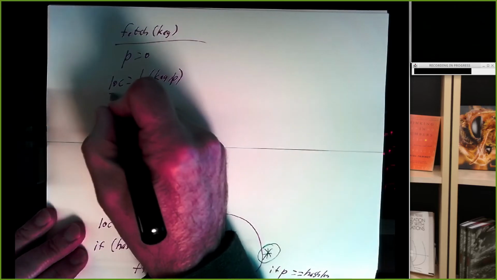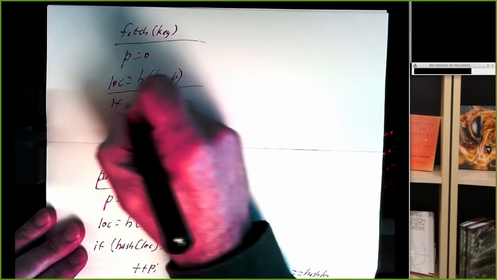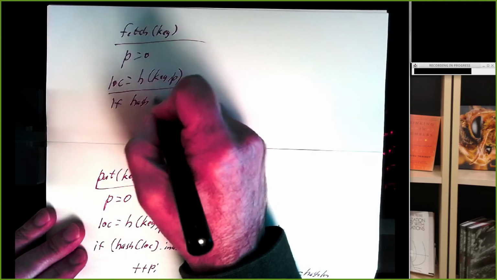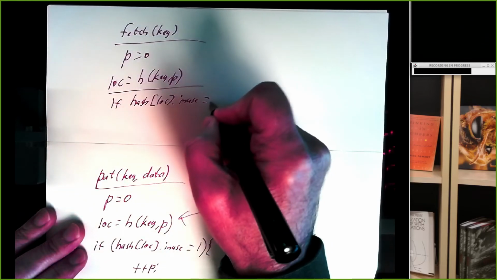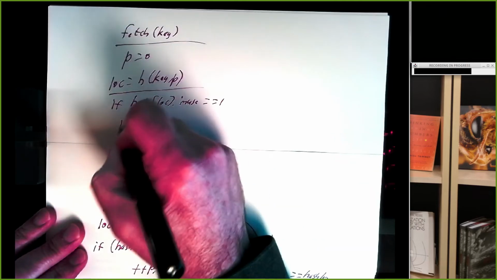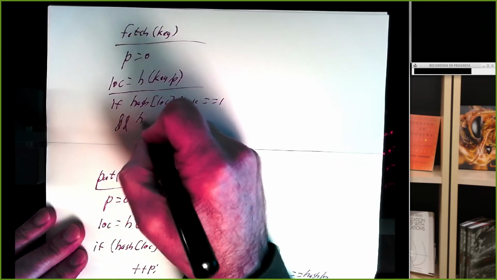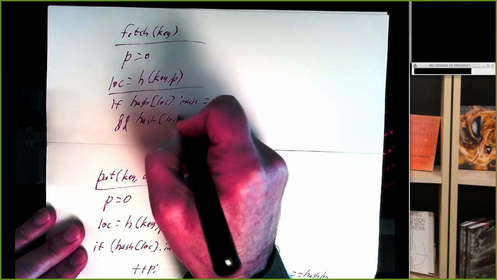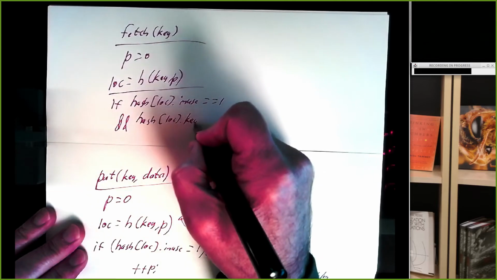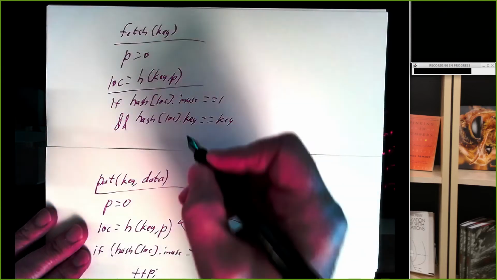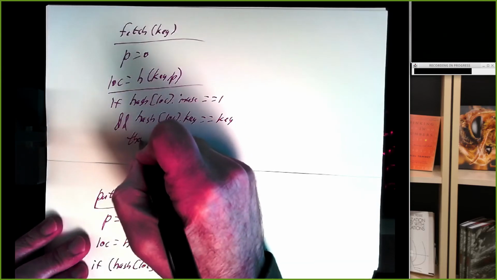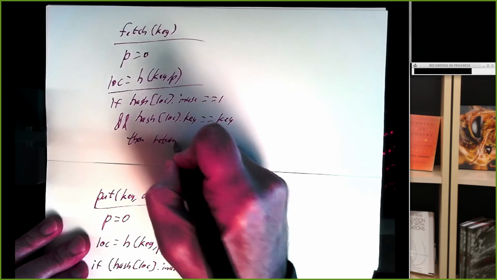So there's a few possibilities. So if hash bracket location in use is 1 and hash bracket location dot key equals the key that we're looking for, then we found our data.